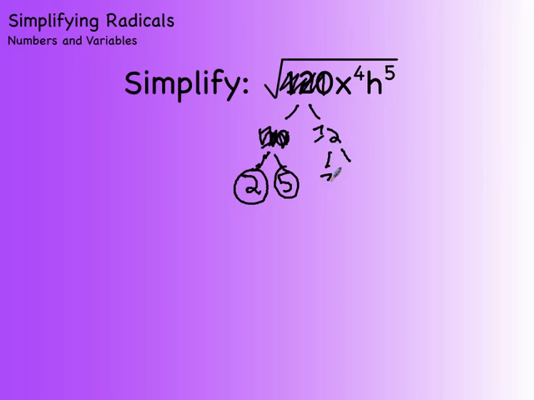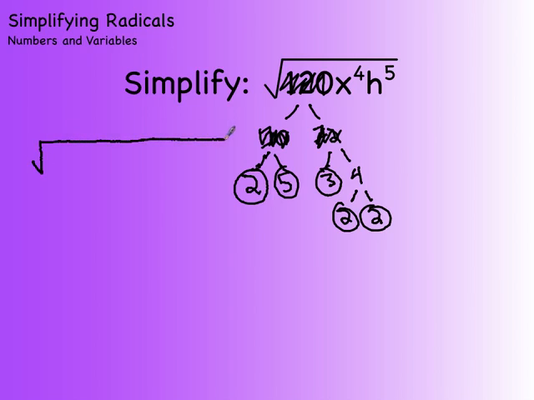And this would be 3 and 4. 3's prime, 4's not, so we have to keep going. So that gives me 2 and 2. Awesome. So I'm going to write it over here because I have a feeling I'm going to need a lot of space on this one. So we can write it off as 2 times 2 times 2 times 3 times 5.